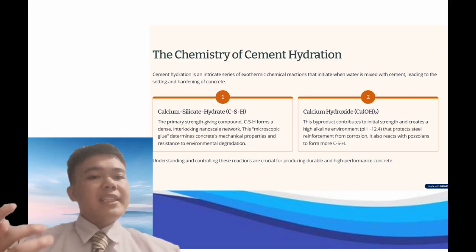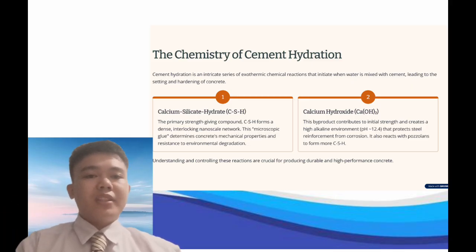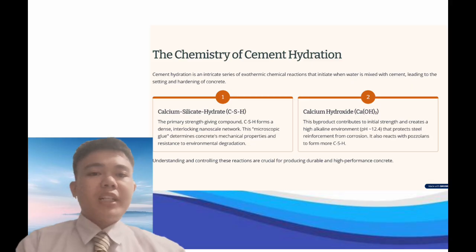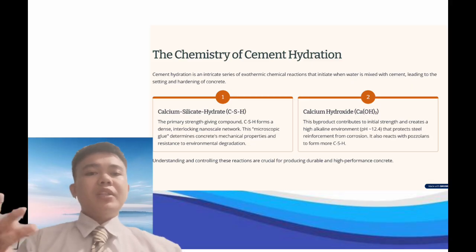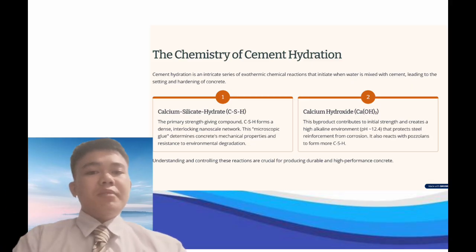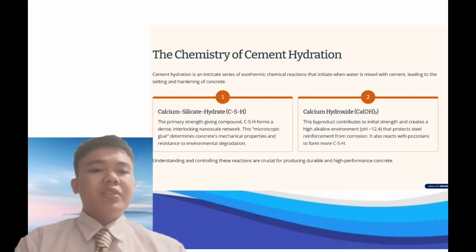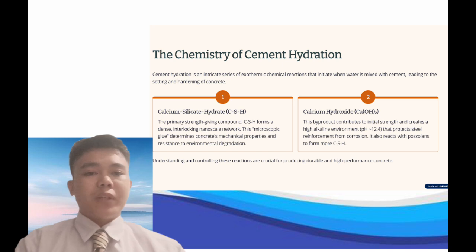So, what is cement hydration? Cement hydration is the chemical reaction between cement and water that causes the mix to set and harden. When water is added, it initiates exothermic reactions, forming a hardened cementitious matrix that binds aggregates together to create concrete.